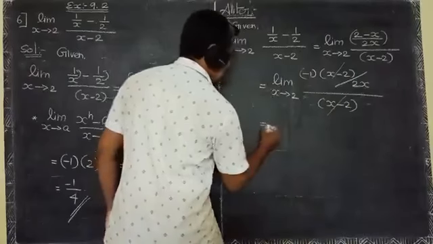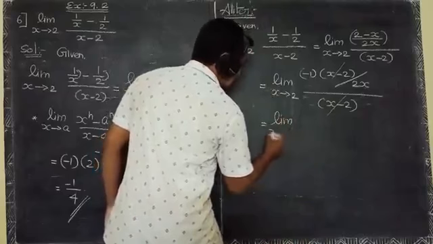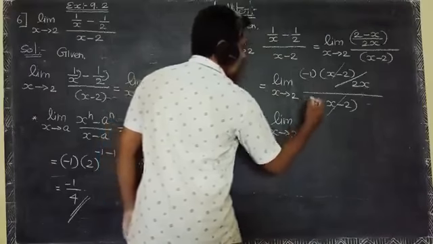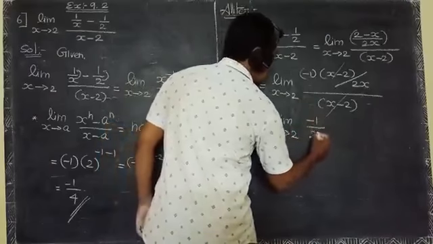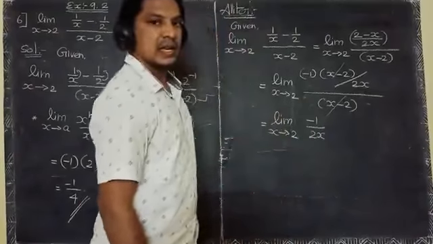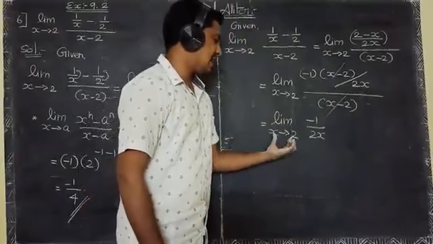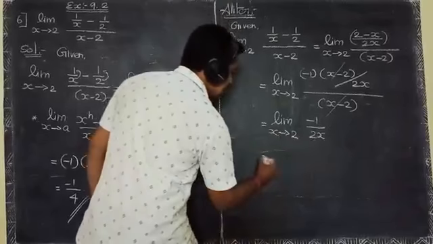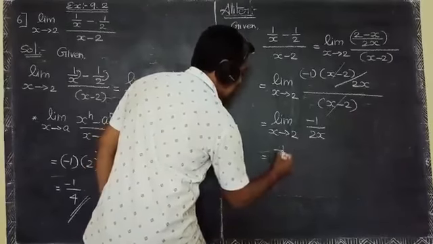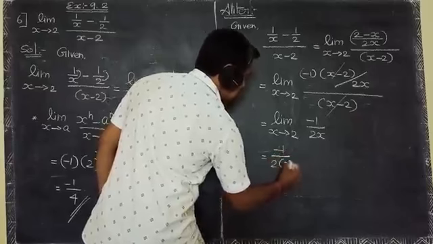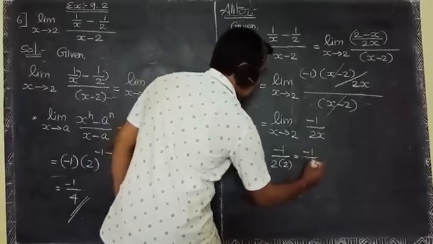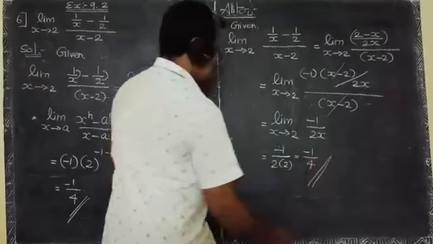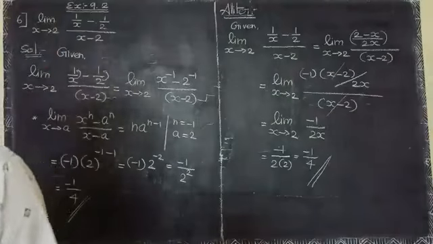Finally we get the limit as x approaches 2 of minus 1 divided by 2x. Here replace x equal to 2 into the function, that is minus 1 divided by 2 into 2, that is minus 1 divided by 4.